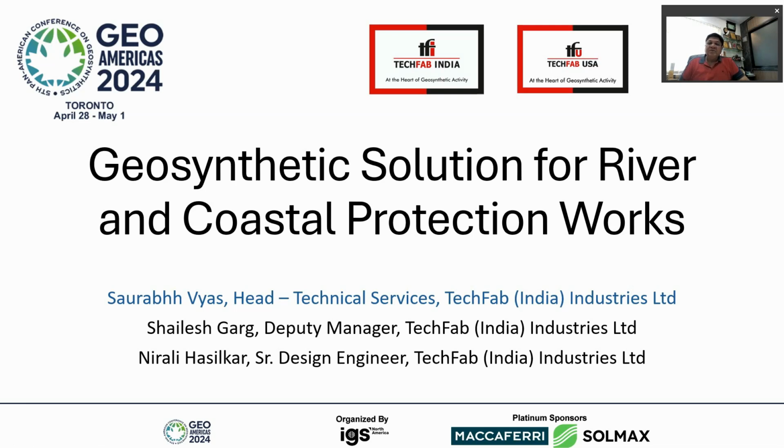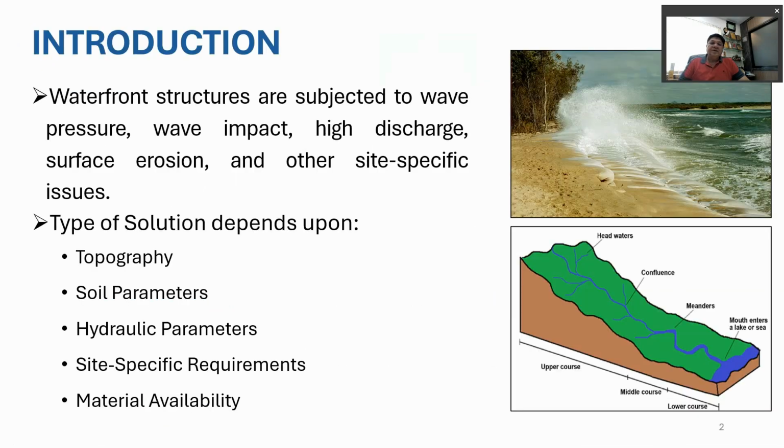So the case study we are going to present is related to coastal and riverbank protection works. We all know that there are various issues of coastal erosion and riverbank erosion, and various solutions have been proposed to overcome such issues at site.